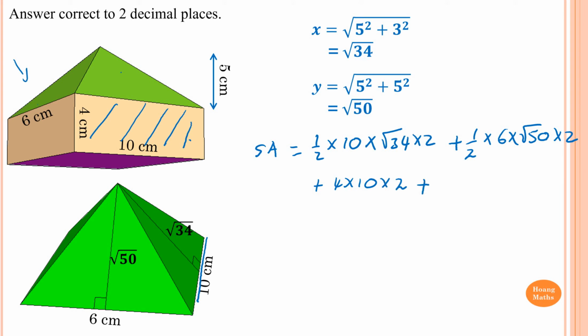Then on this side we need 6 times 4, and times 2, because the back is the same. So what's left is the base, which is 10 because 10 is the length here, and the width is 6, so 10 times 6.